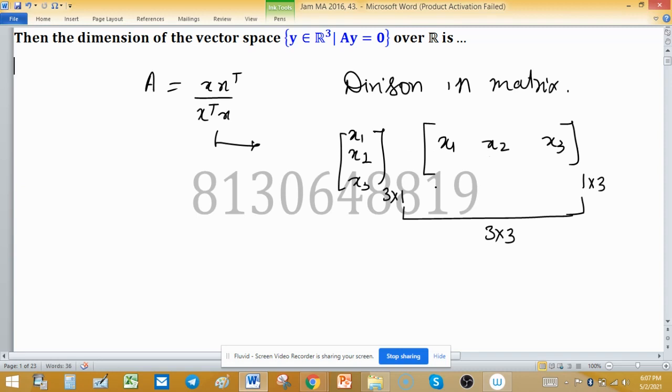So after multiplying, we will get x1 square first row with first column, x1 x2, x1 x3, x1 x2.